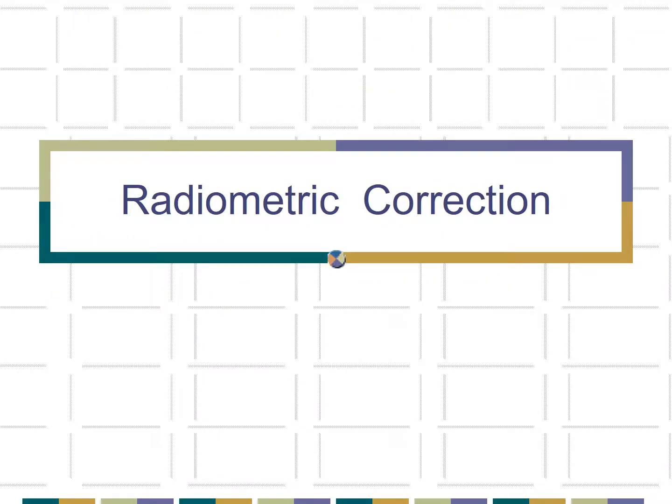So the other thing we want to talk about is a little bit of this notion of radiometric correction. And this is figuring out how things are or need to be corrected to deal with changes in the energy from the sun. And we can do it a bunch of different ways, but I'll save you the news.